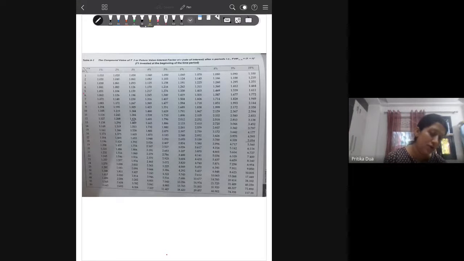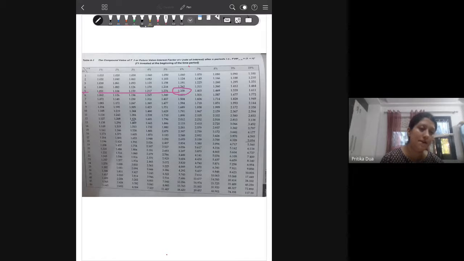We start moving horizontally and we look for a value closest to 1.339. I think you are getting the exact value here at 6% rate of interest. So which means that our growth rate in this question is 6%.